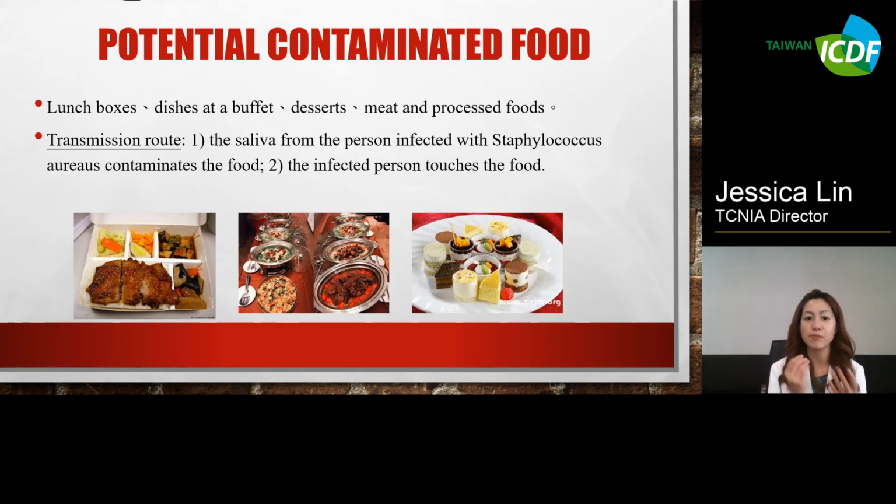Or if someone spits in the food, I assume none of the food preparation staff should be doing that, but if someone actually spat into your food, that can cause contamination as well. Or if the infected person touches the food while preparing it in the kitchen, these ways can contaminate the food, and therefore if you eat the contaminated food, you will get sick.